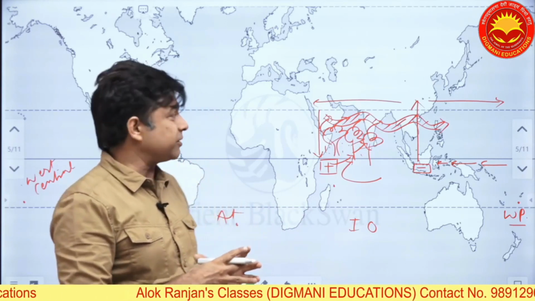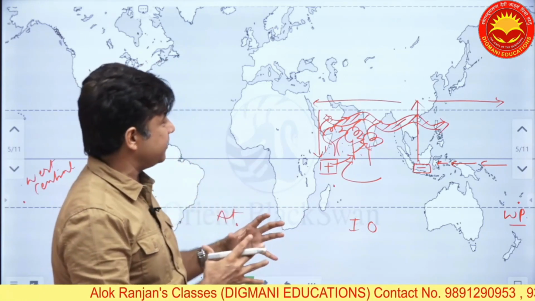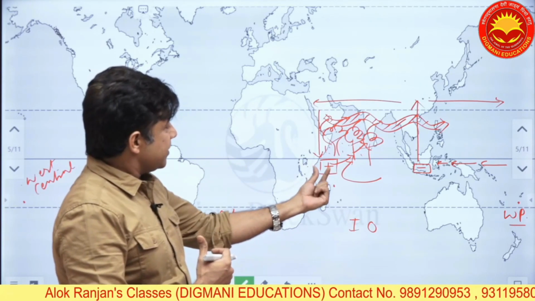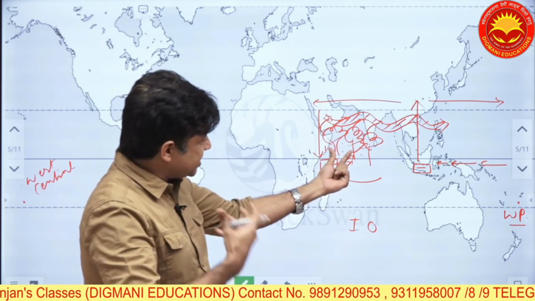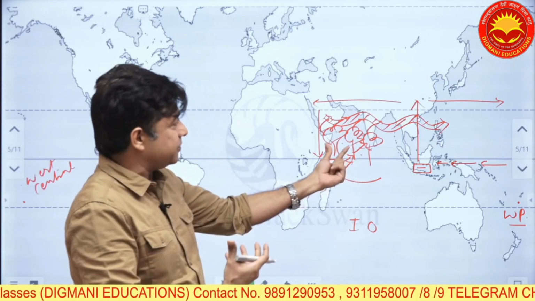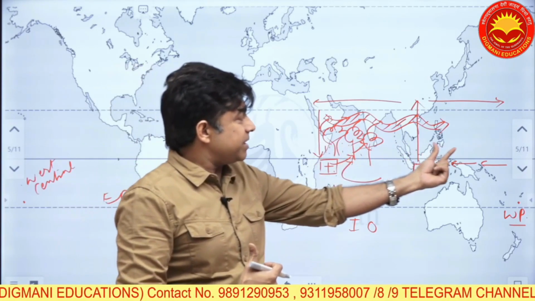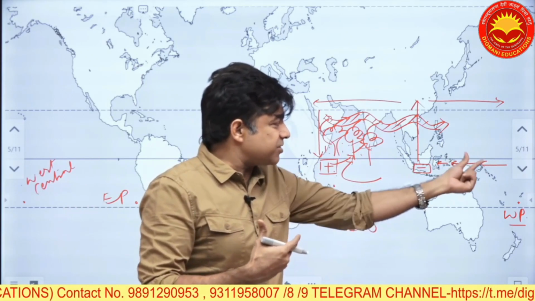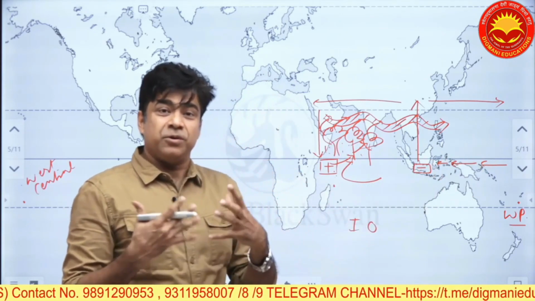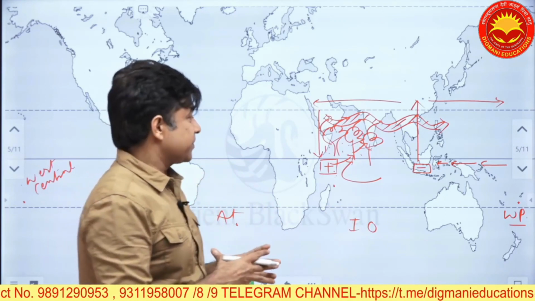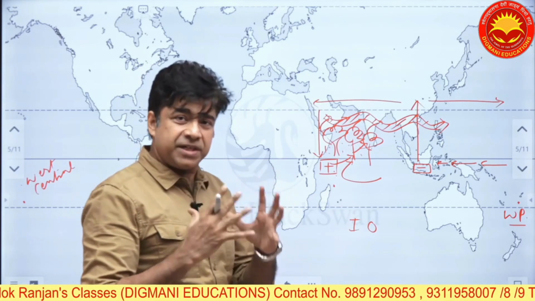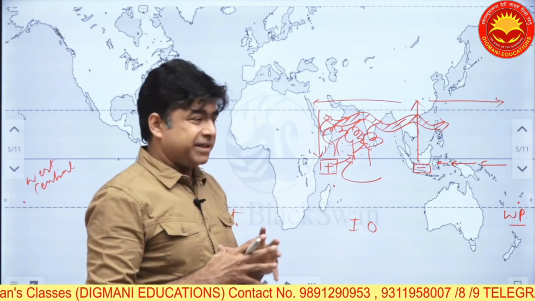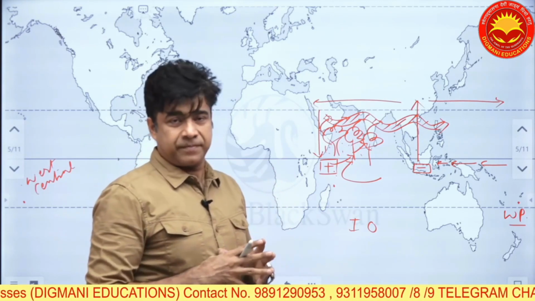So Madden-Julian circulation will produce a system of such condition where the Indian part, the western part will have high rainfall, and then the western part of Pacific or east of Indonesia, you will have lower rainfall. Now, let's understand a little more, because it is an oscillating system and it is a traversing system.